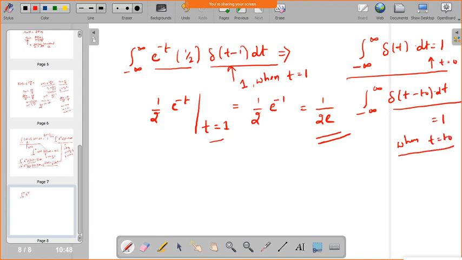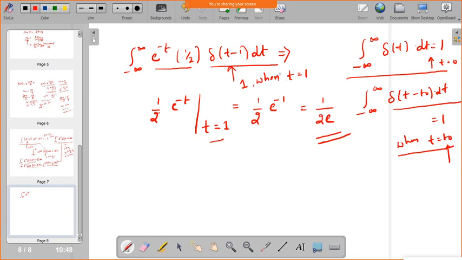So that particular value you need to substitute to get this function as 1. The same property we are using here. In the earlier problem you are using the shifted function with t equal to 1. So here it is in general t naught, and there t naught equal to 1.